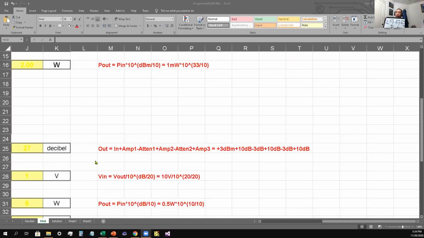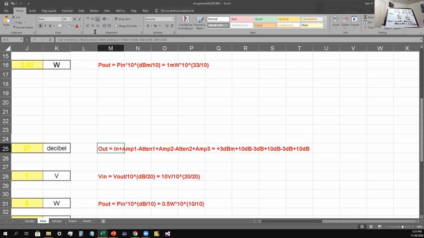So it's going to be the in plus your amplify number 1 minus your attenuation 1 plus your amplify number 2 minus your attenuation number 2 plus your amplification number 3. So therefore it is equal to plus 3 dBm plus 10 dB minus 3 dB plus 10 dB minus 3 dB plus 10 dB.